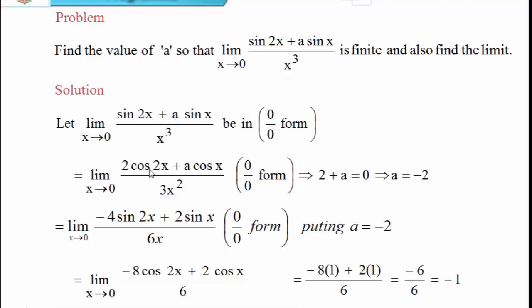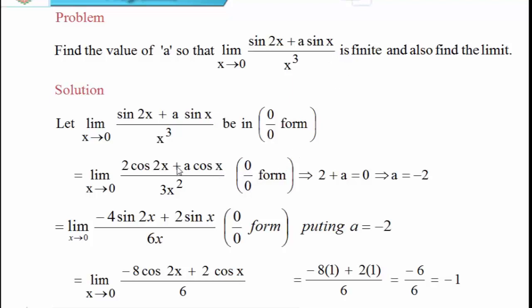If you take the derivative of the numerator, that will be this, and the derivative of the denominator will be 3x square. Since the denominator tends to 0 on replacing x by 0, 3 into 0 square is 0, the numerator has to be 0, because the limit exists and it is finite.